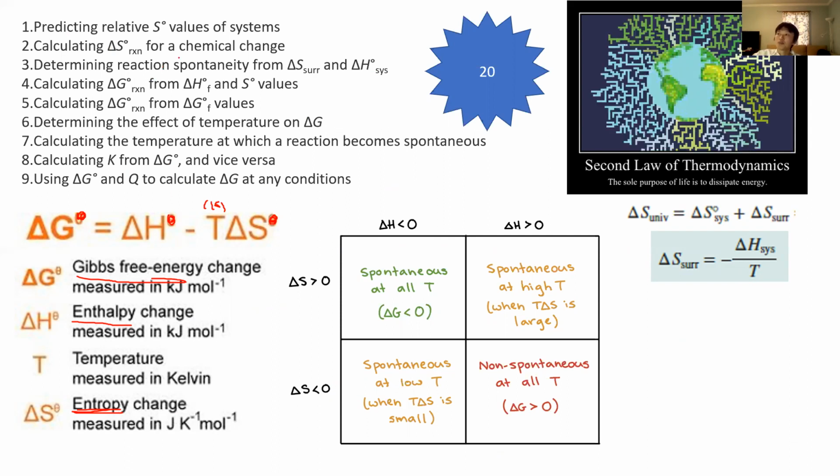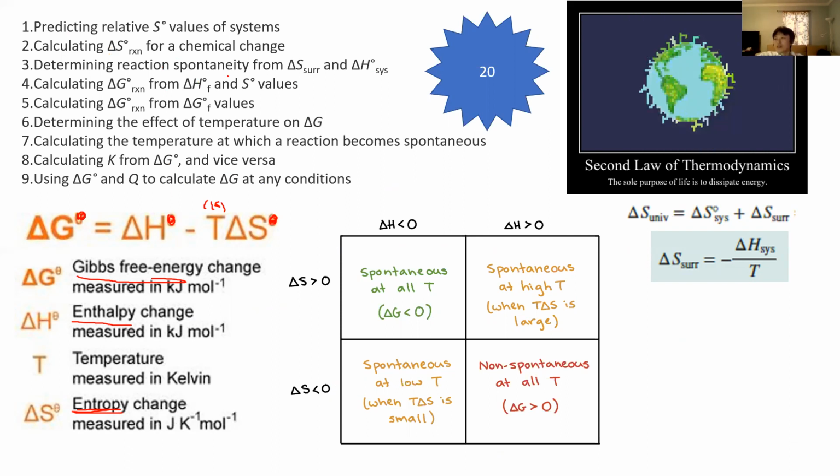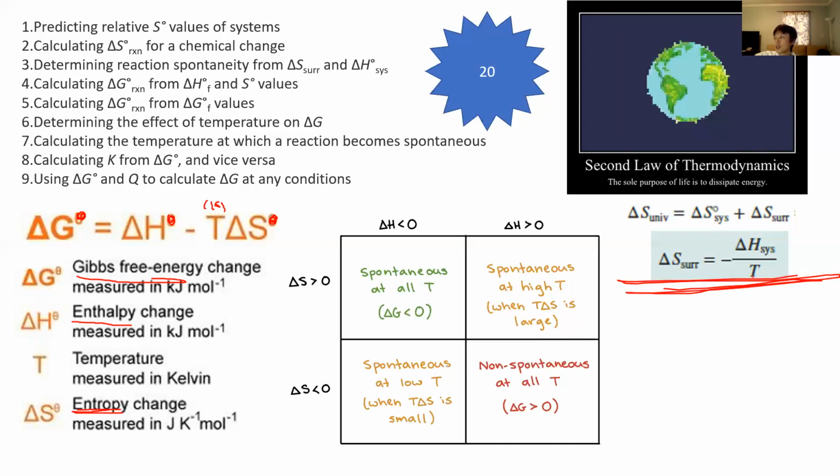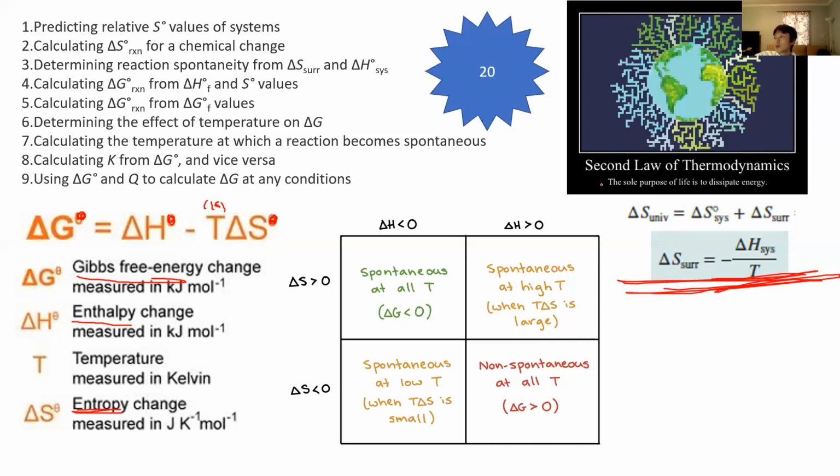We can also relate the delta S with the delta H of the system and surroundings using this equation. Then we talk about how to determine whether a reaction or a process is spontaneous based on the sign of delta S universe, which is the second law of thermodynamics.